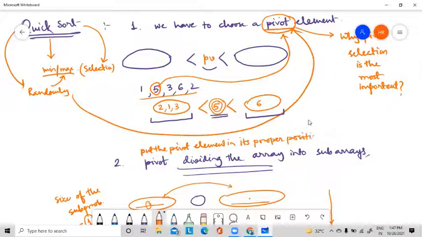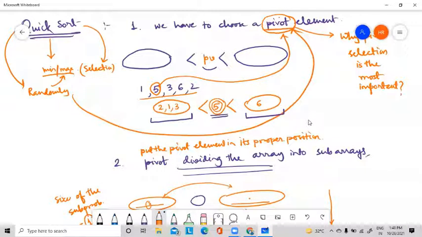How will we determine that the proper position is achieved? If all the greater elements are on this side and all the smaller elements are on this side, then we can say that the proper position of the pivot element is achieved. And by doing this, the pivot divides the array into two subproblems or sub-arrays.